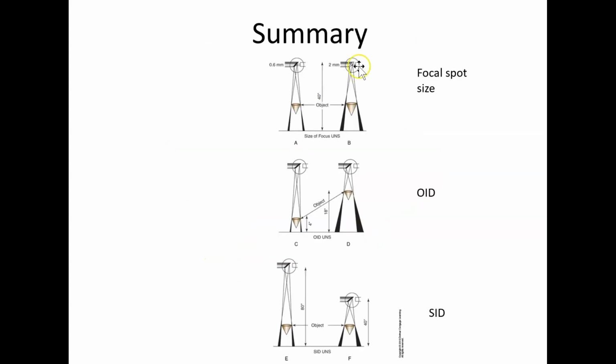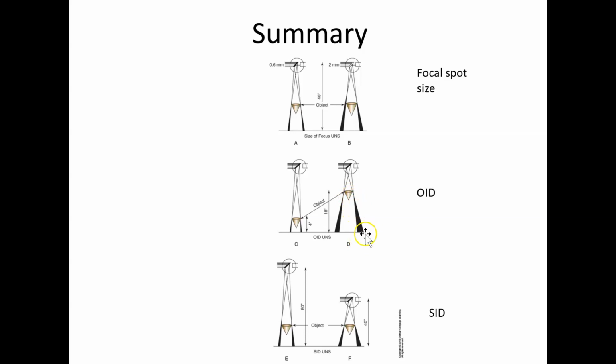And this image is from your book. It's hard to include all three on the same slide without making it so small, but they're showing you what the penumbra looks like based on the focal spot size, the difference in the penumbra between small and large focal spots, the effect that OID has on the penumbra, which you can see the smaller the OID, the less the penumbra.